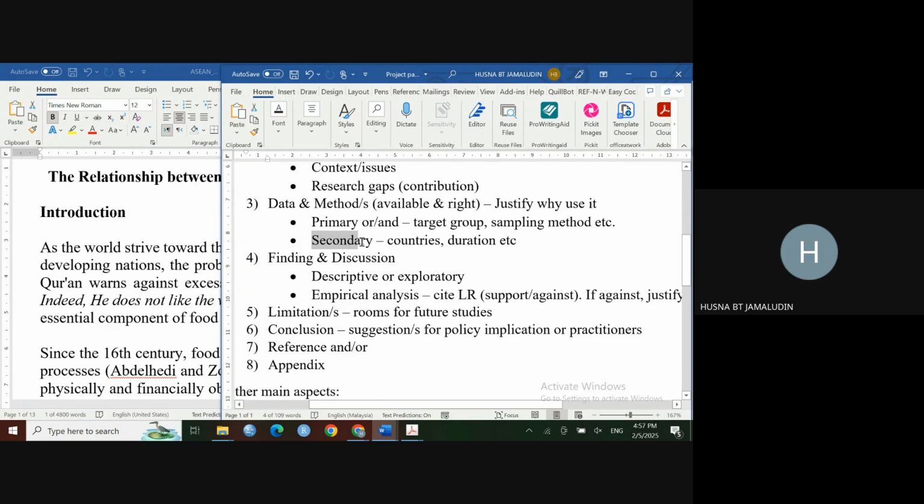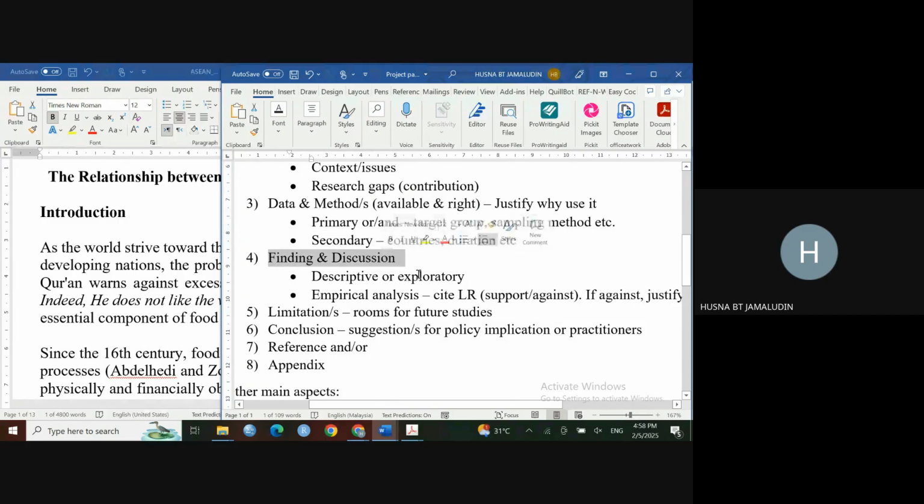If let's say you are using secondary data, they will tell you, okay, you can find the data from IMF, from the World Bank, from Departments of Statistics, whatever. The same thing with primary. If the literature review is always using primary data, they will also advise you on that. And sometimes you can also discuss the data and method with your instructor.